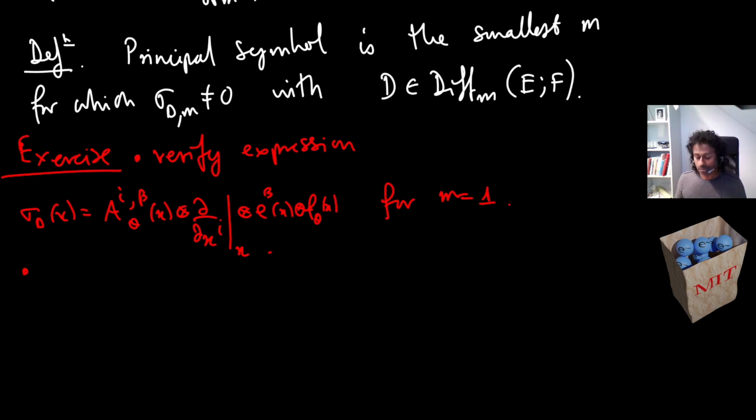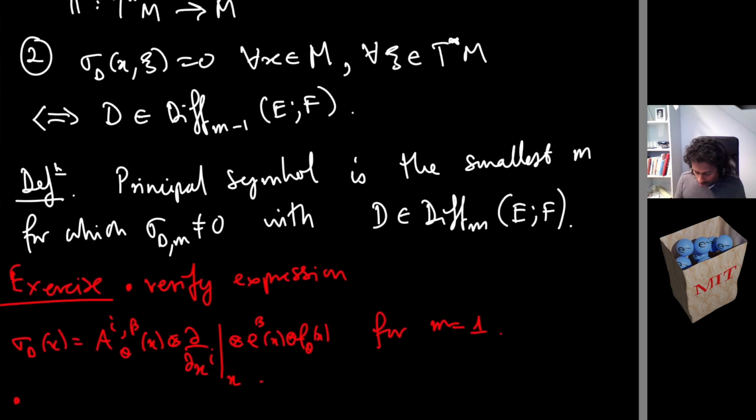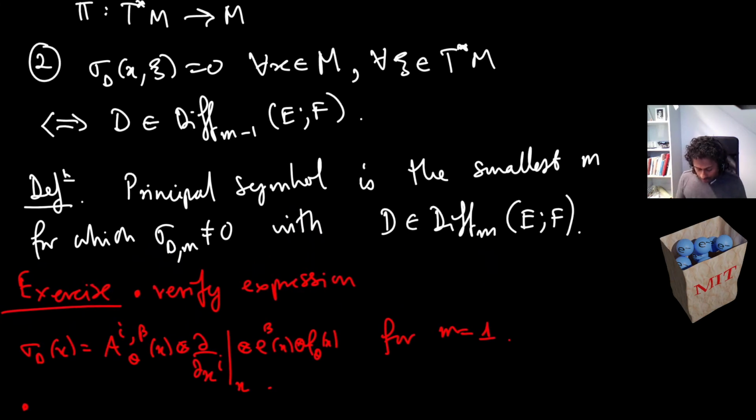No, sorry, the question again was the biggest m. No, it's not the biggest m. Yes, so I want the smallest m. No, I'm asking for D to be in diff m e f. So if I have an operator which is order 1, I cannot have that being in order 0. It's not in diff 0.